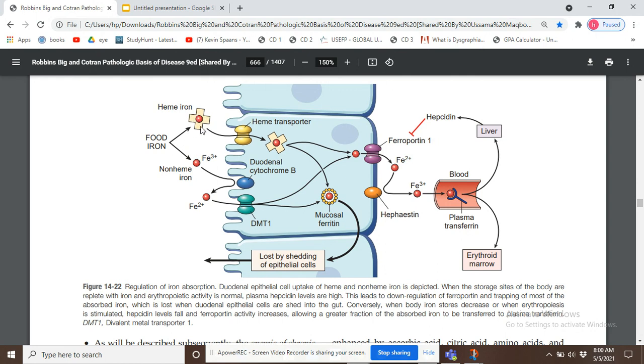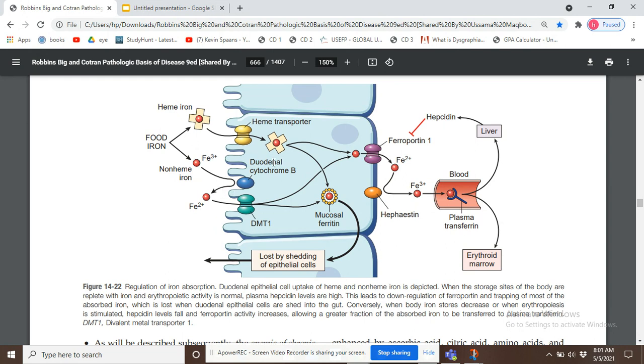Heme iron, which is the organic iron, is directly absorbed through the heme transporter and directly enters the duodenal epithelial cell. The non-heme iron, in contrast to heme iron, cannot directly enter the duodenal epithelial cell.